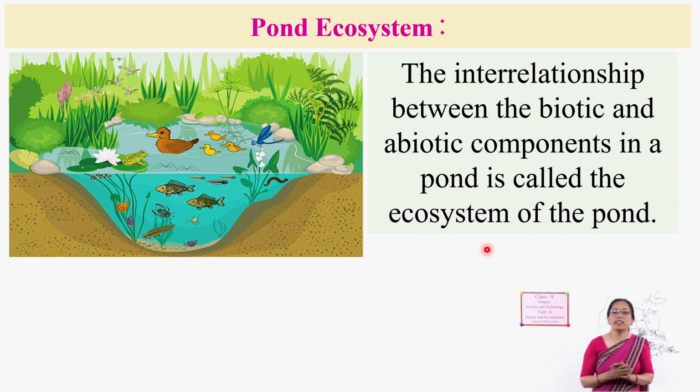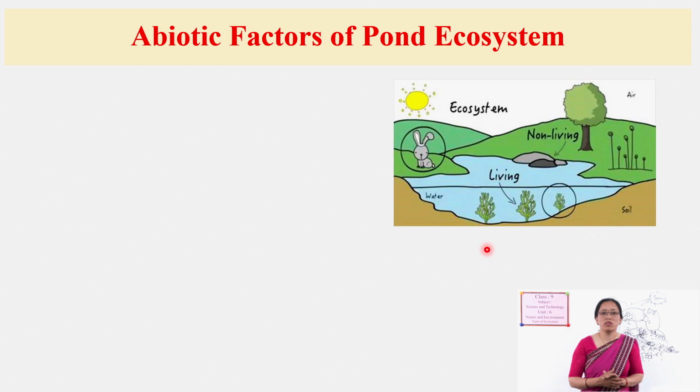There are various kinds of abiotic factors, just like in the terrestrial ecosystem. So there is also a very deep, complex interrelationship between the different physical components of the water or the aquatic environment, and also the biotic factors of the aquatic environment, that is called the aquatic ecosystem.